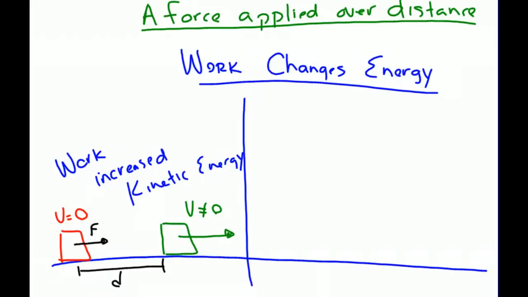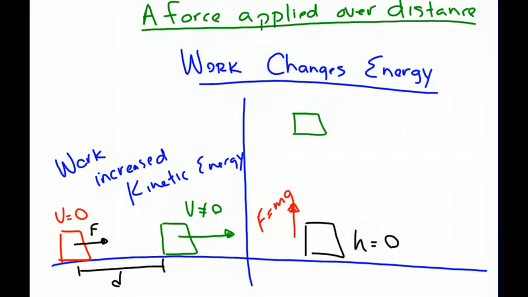Take that in contrast to an object over here, initially at a height of 0. If I apply a vertical force, which is equal in magnitude to its mass times gravity, then by the time I get up to here, it still has 0 velocity, right? If it's on the ground here, it has 0 velocity.